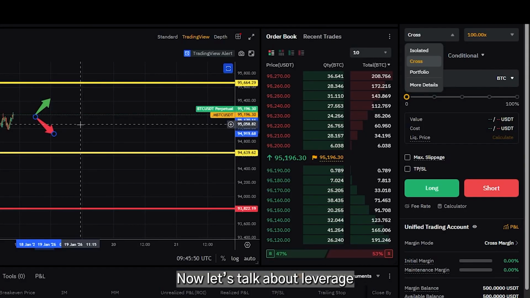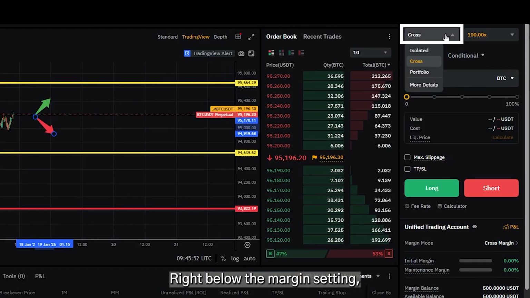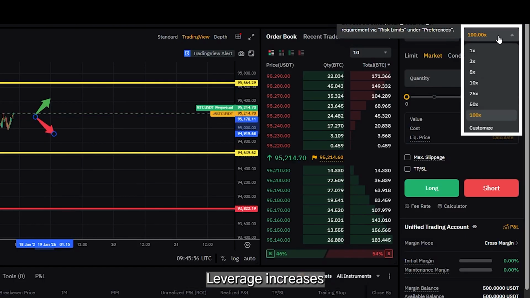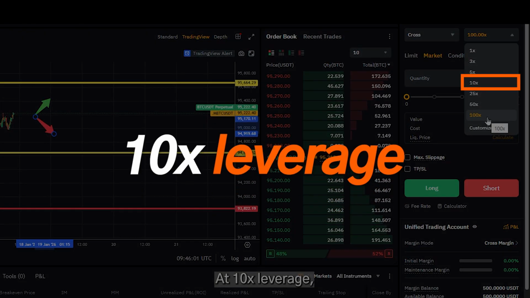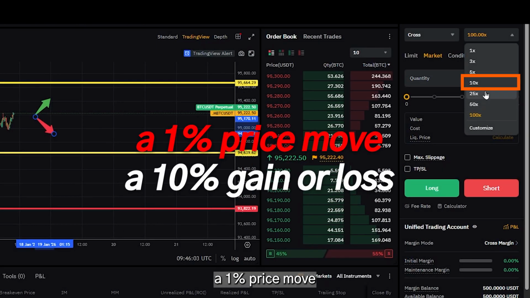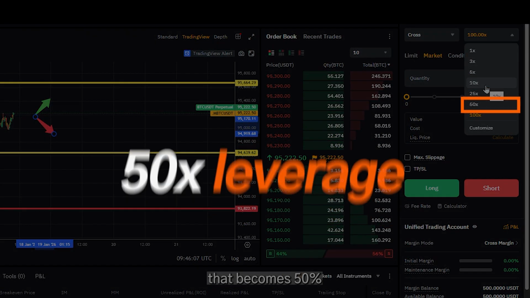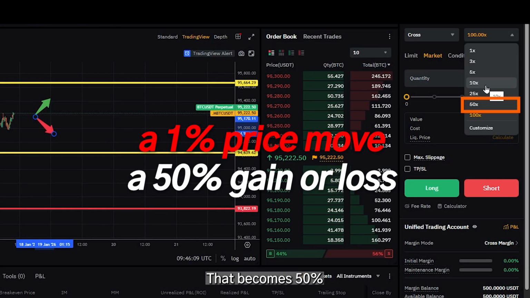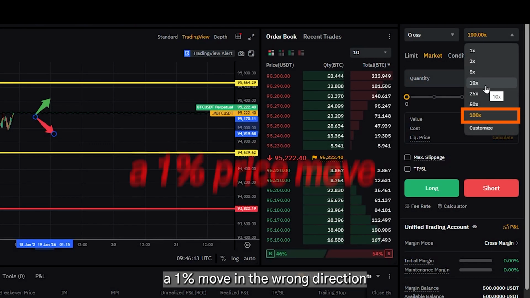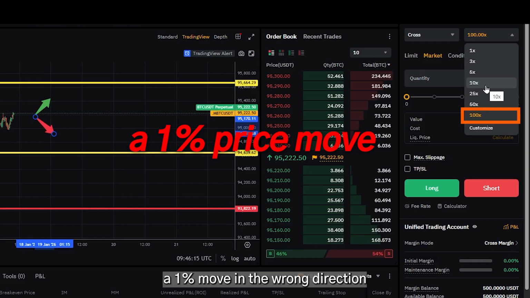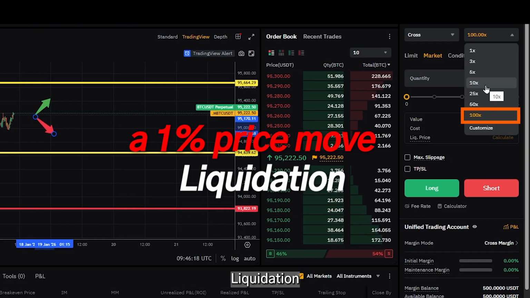Now let's talk about leverage. Right below the margin setting, you'll see the leverage control. Leverage increases your position size. At 10 times leverage, a 1% price move means a 10% gain or loss. At 50 times, that becomes 50%. At 100 times leverage, a 1% move in the wrong direction, liquidation, game over.